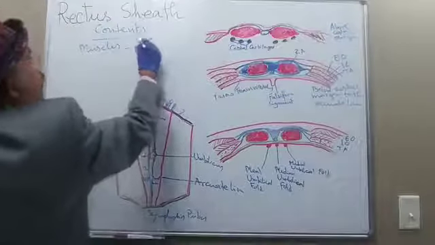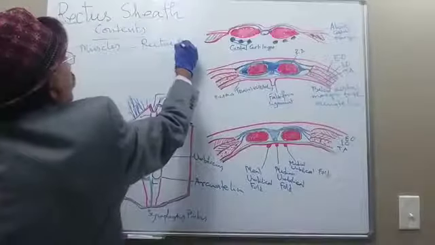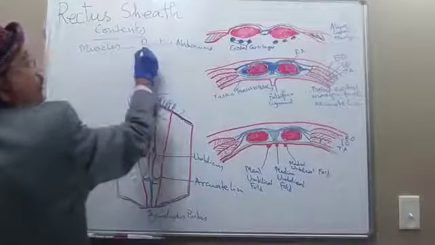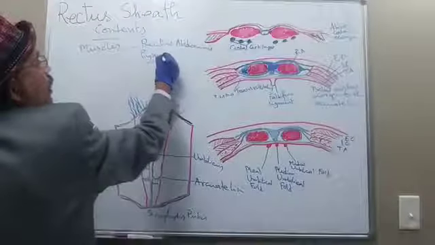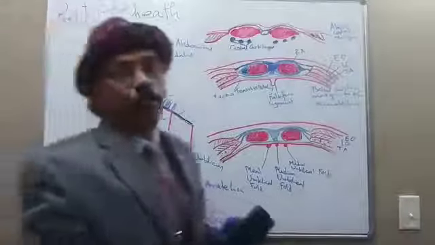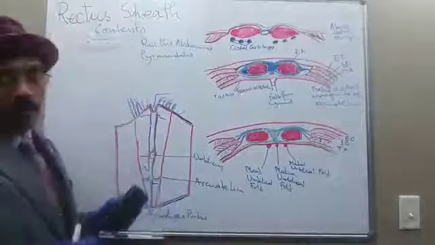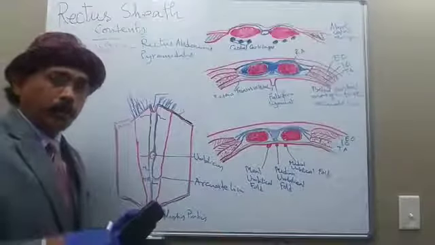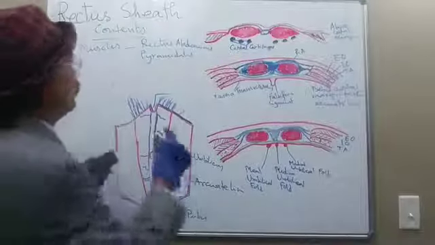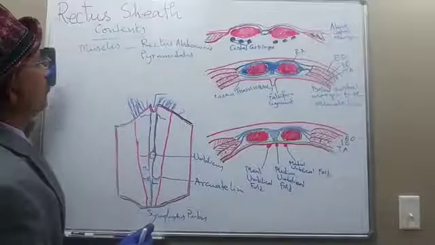We have the rectus abdominis muscle, and we may get pyramidalis. Pyramidalis may be absent in around 20% of the population. Small muscle, okay, just in front of the rectus abdominis, lower part. It looks like a pyramid, so it is pyramidalis, very small muscle. It may be absent. We got the content muscles.